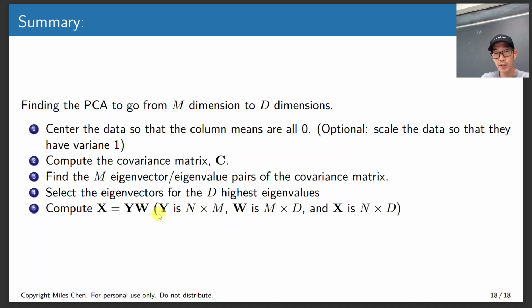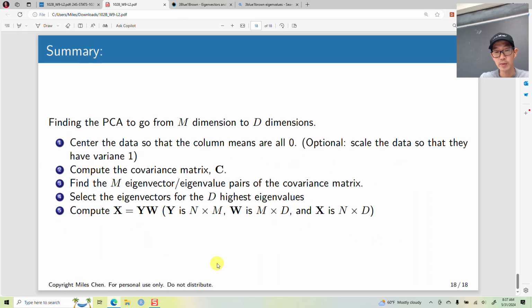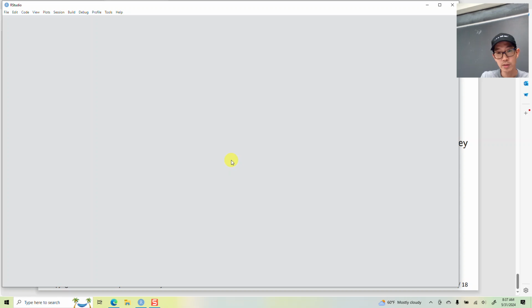Then we find the covariance matrix C, and then we find the eigenvector, eigenvalue pairs of that covariance matrix, and then we select a subset of those eigenvectors, and then we can compute our values x by doing y times w. All right, let me illustrate some of this with a quick example.